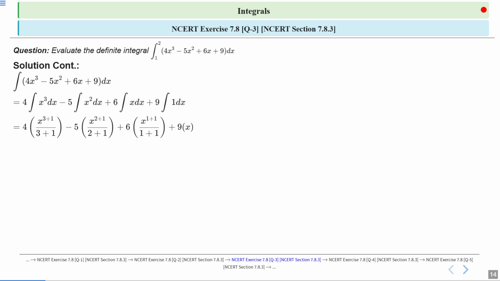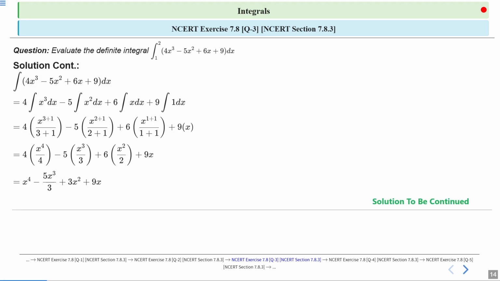By using the power rule of integration, we get 4 into x to the power 4 by 4 minus 5 into x cube by 3 plus 6 into x square by 2 plus 9x. So the value of the antiderivative is x to the power 4 minus 5x cube by 3 plus 3x square plus 9x.